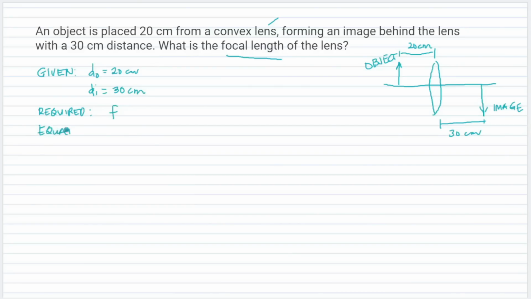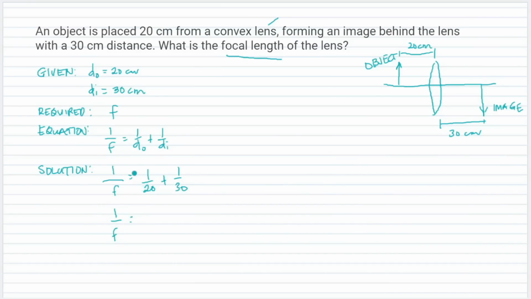For our equation, we will be using the lens equation, which is 1 over F is equal to 1 over DO plus 1 over DI. So we will simply substitute all the values into our equation to solve for F. So 1 over F is equal to 1 over 20 plus 1 over 30.